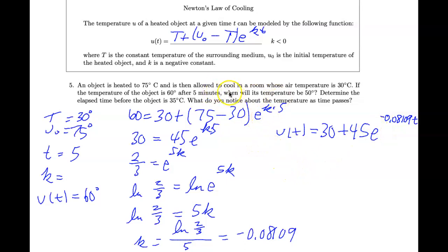The first question that we want to answer is, when will the temperature be 50 degrees? We're going to replace U of t with 50 and then solve for t.